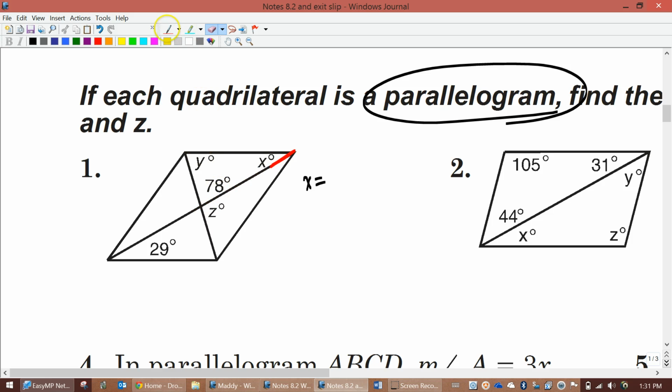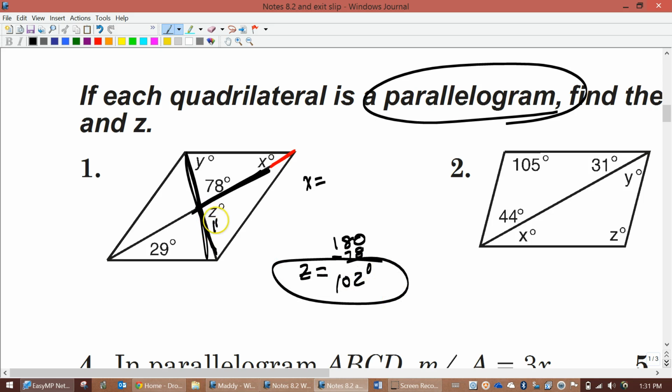Yep. Okay, so you would like to find z first, if that's the way you see it. Absolutely. So the suggestion was z is going to be a linear pair with 78. Linear pairs are supplementary. Supplementary angles add up to 180. So if we do 180 minus 78, we get 102 for z. That's one of them. So where were you going with that?